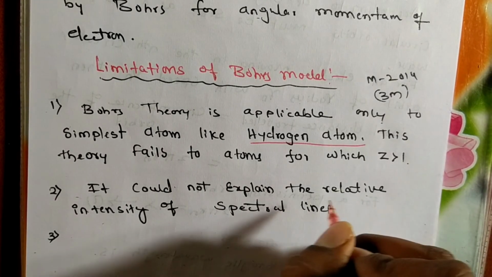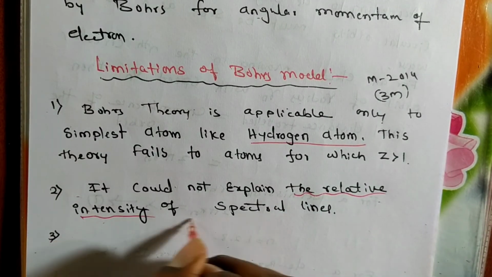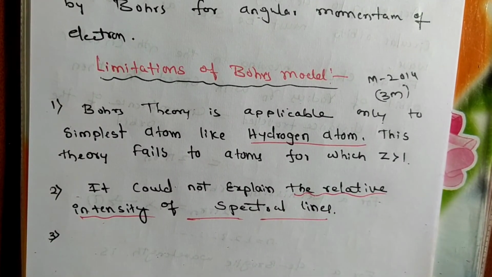Here different spectral lines have different intensities. It could not explain the relative intensity of all the spectral lines.